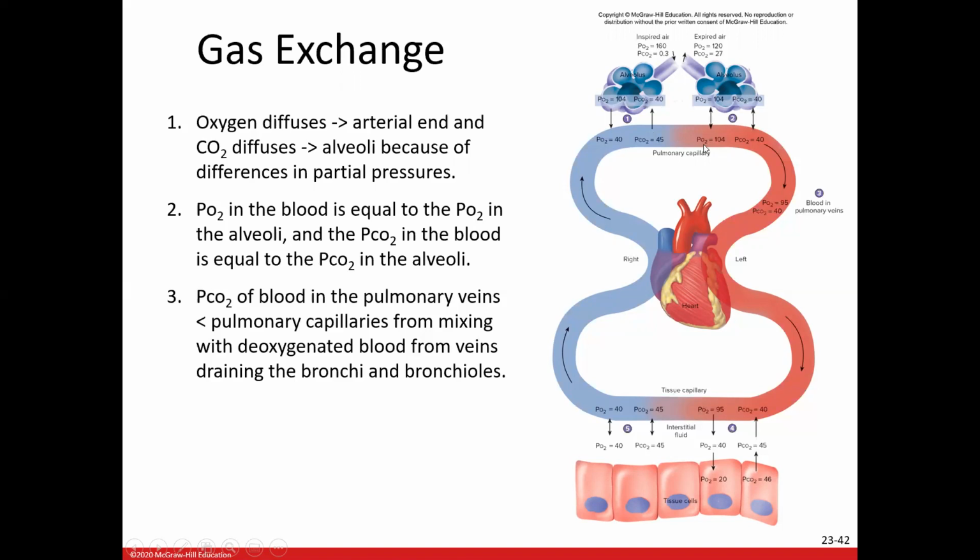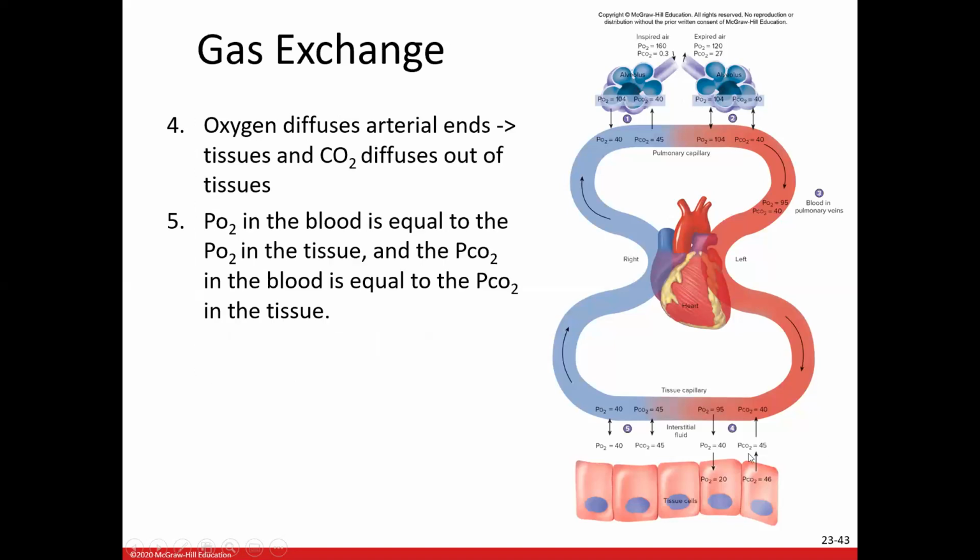Then your blood will ultimately basically equalize out. So your partial pressure of oxygen will match that of the alveoli, and same with your CO2. And it will continue moving down the bloodstream into the pulmonary veins, reaching the heart to then be pushed out to the rest of the body with whatever tissue we're looking at. Then we eventually get to the tissue of interest. And in this case, you'll have your partial pressure of oxygen be higher in the bloodstream than it is in the tissues.